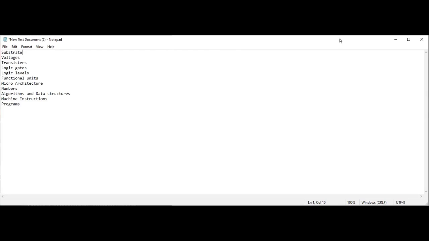But you could maybe try and organize it in a slightly different way to add even more meaning than this. The meanings are, I think, somewhat clear, but say, for example, logic levels, what does it mean at that point in the hierarchy?